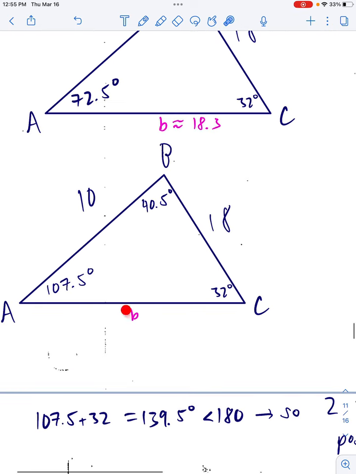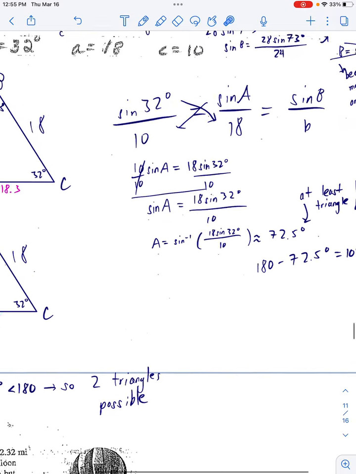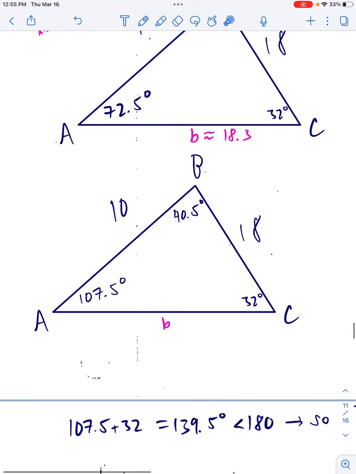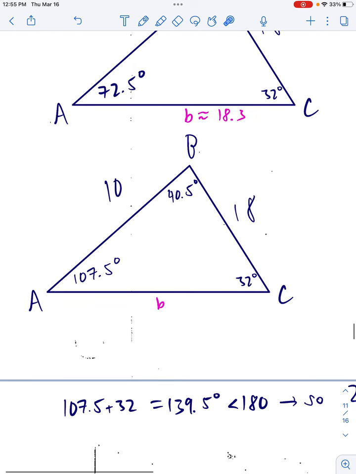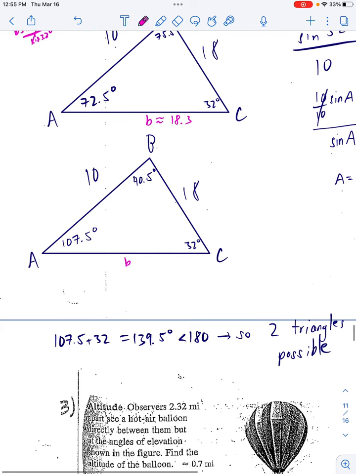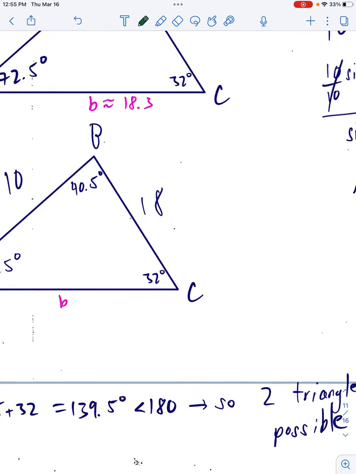We're done with that. Now we just have to find the little b for this other possible triangle where I used my second possible answer for big A of 107.5 degrees, which I found by doing 180 minus my first possible answer. Okay. All right. So let's do, again, this time I'll do this in green. So we'll do sine 40.5 degrees, big B here now is 40.5 degrees, over little b.